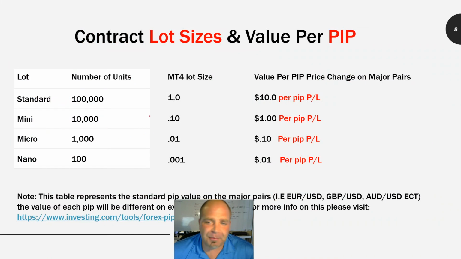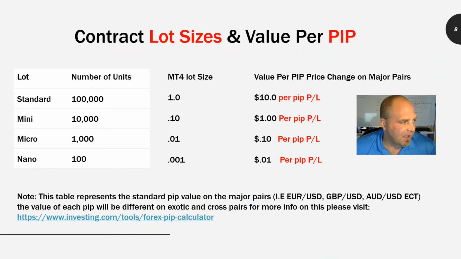Now, what is a pip worth? Okay, I want you guys to understand a pip is worth pretty much the same on all those major currency pairs. And remember how I was telling you to stick to those in the beginning? Well, exotics and some of the crosses are different. So what I want to break down for you guys is contract lot sizes and value per pip.